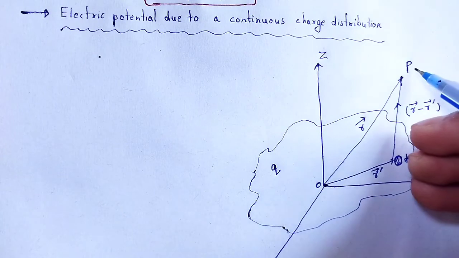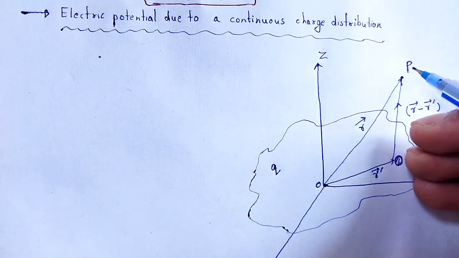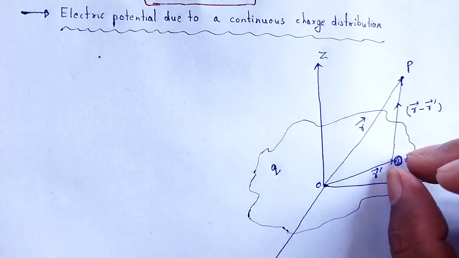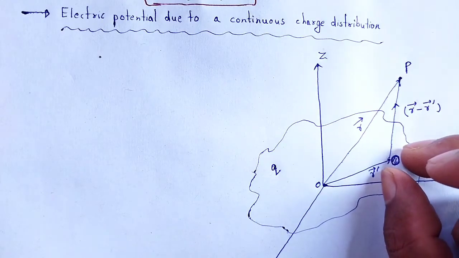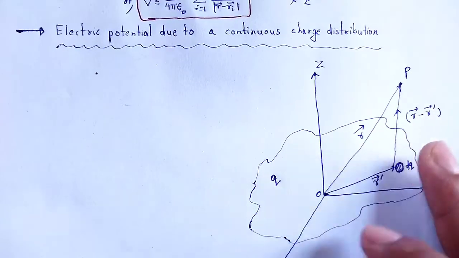So at point P we have to calculate the potential due to this charge element dq.